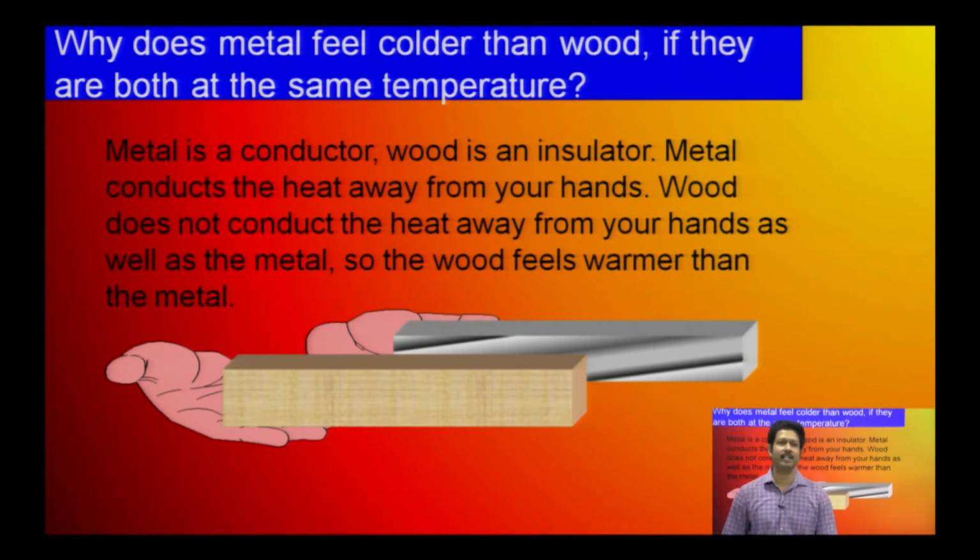That's why the wood does not conduct the heat away from your hands as well as the metal, so the wood feels warmer than the metal. The wood does have unstable electrons, but the quantity is not much, so that's why wood is called an insulator.